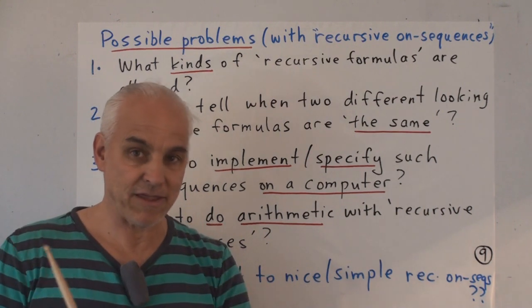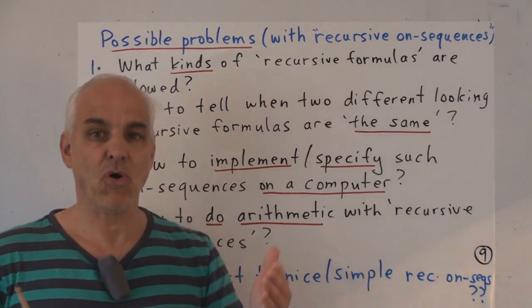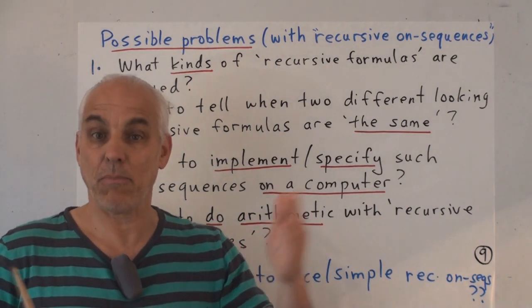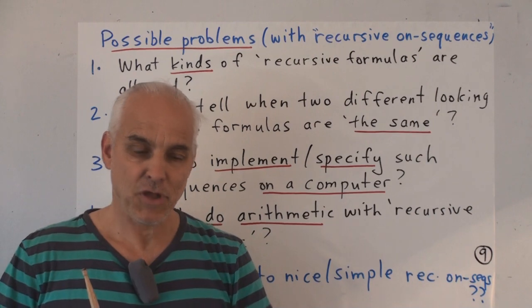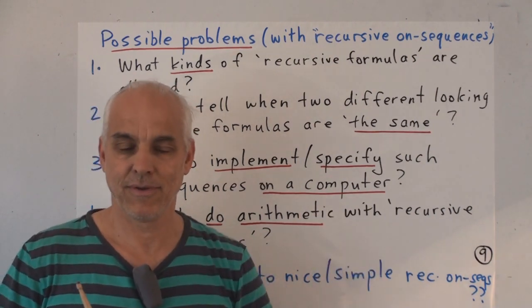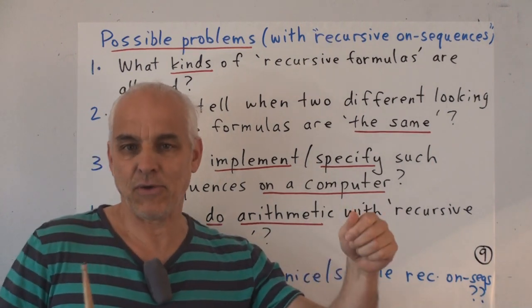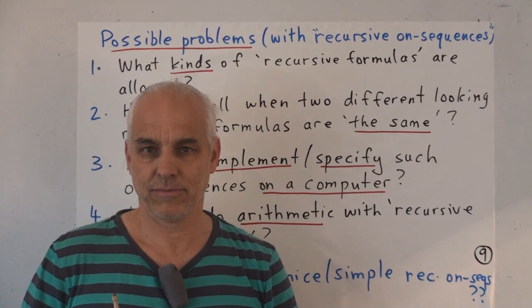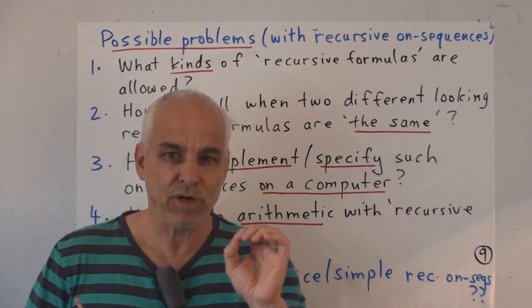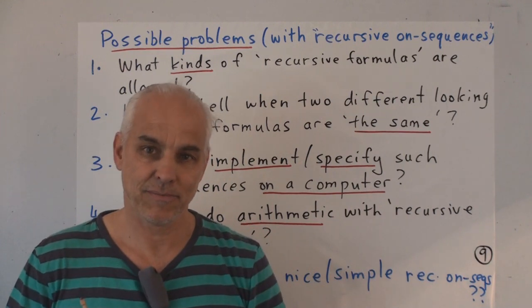If you're a student of mathematics at most universities, you will never be told that there is anything particularly problematic with the term recursive sequence. You're just shown a few examples and given some hand-waving description of, well, a recursive sequence is one in which every term is generated from previous ones. I hope you're starting to appreciate how imprecise and vague that really is.